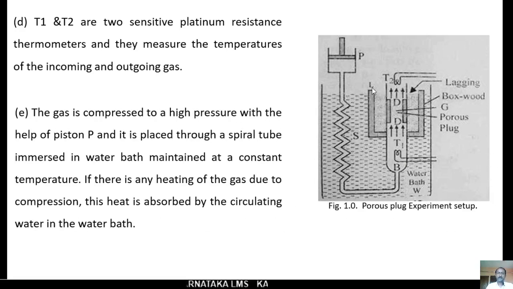The gas is compressed to high pressure with the help of piston P shown here, and it is passed through a spiral tube immersed in a water bath maintained at a constant temperature. If there is any heating of the gas due to compression, this heat is absorbed by the circulating water in the water bath.